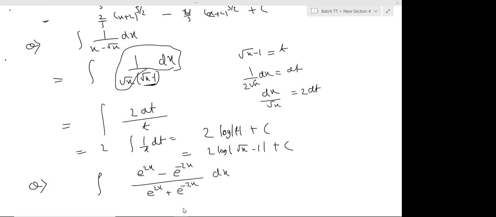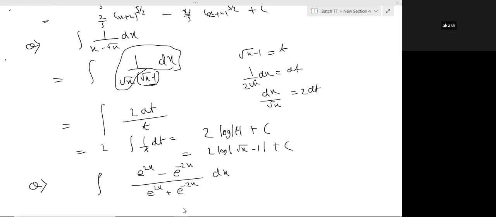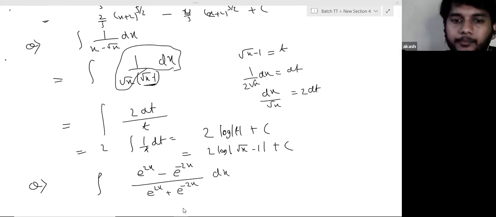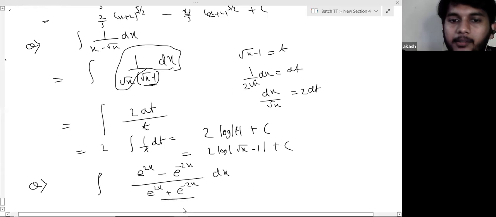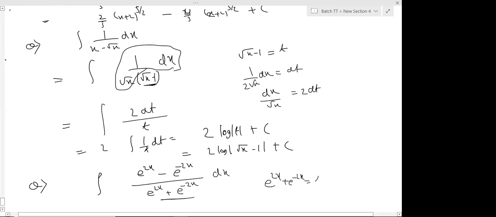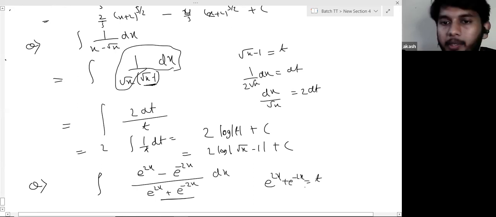In this question, you can take the denominator as t and you'll get the answer. All right, just take this as t. So the whole denominator? Yes, whole denominator.